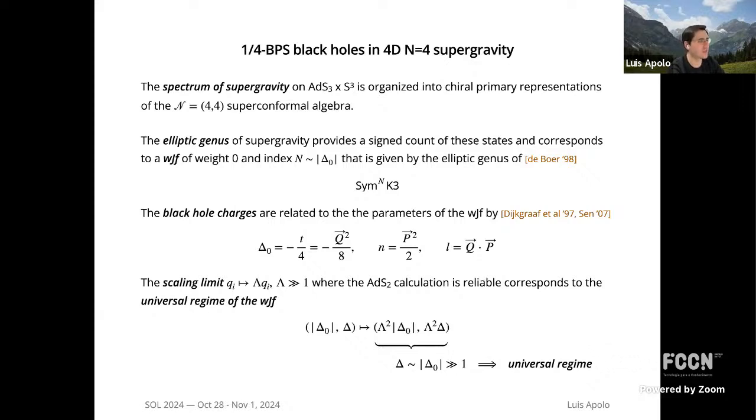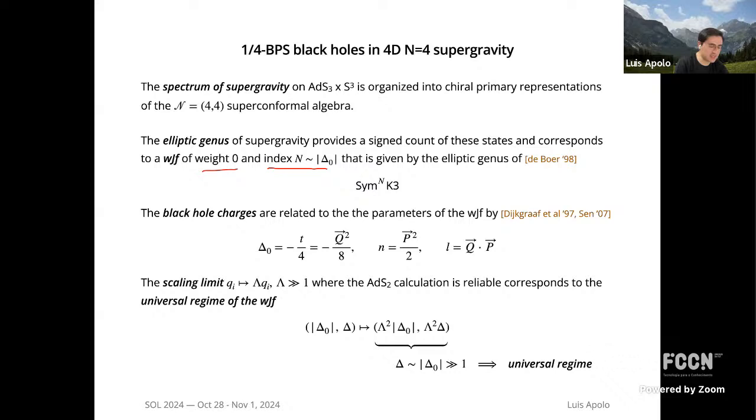So we know that the spectrum of supergravity on this background is organized into chiral primary representations of the N equals 4 superconformal algebra. And the elliptic genus of supergravity gives us a signed count of these states. And it corresponds to a weak Jacobi form of weight 0 and an index that scales with N, which is the number of copies of a symmetric orbifold.